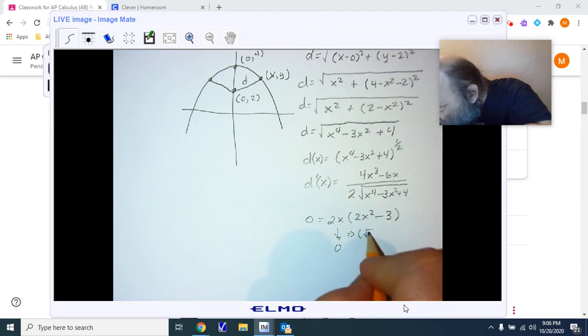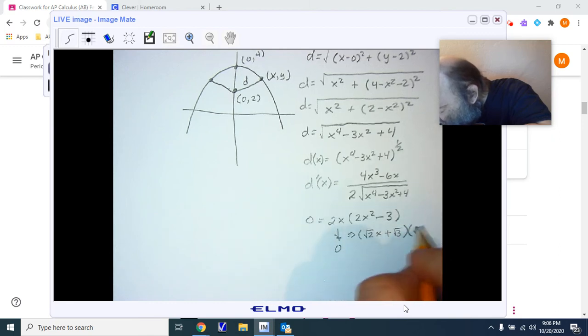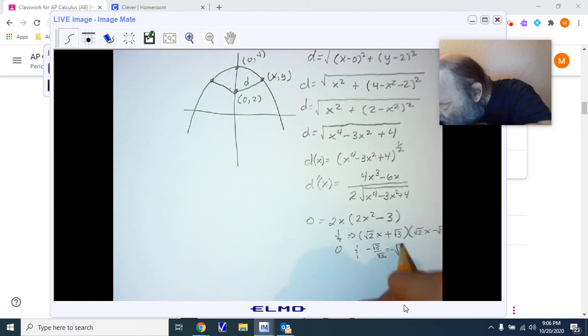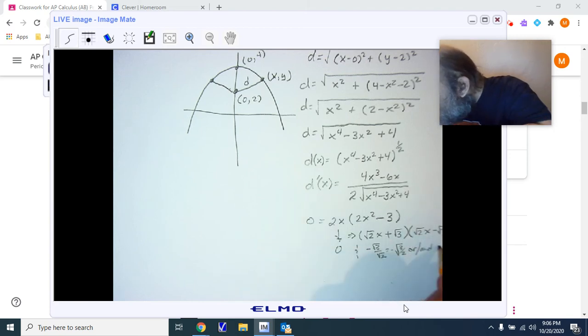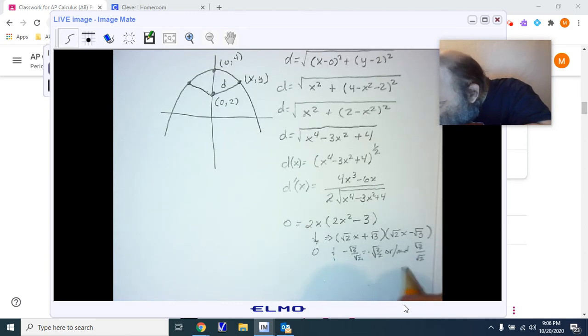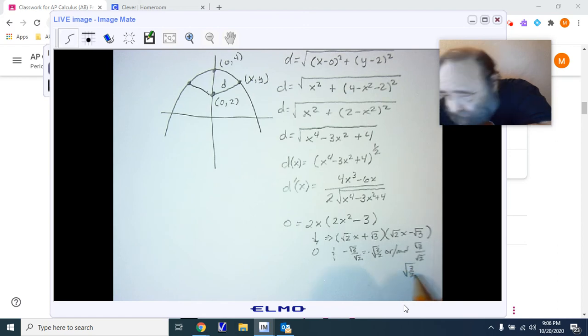We have root 2x plus root 3 times root 2x minus root 3. And now I get two more solutions added on to this. Negative root 3 over root 2, which we can call negative root 3 halves, or, and we have this one, which is a positive root 3 over root 2. We'll just call it root 3 halves.